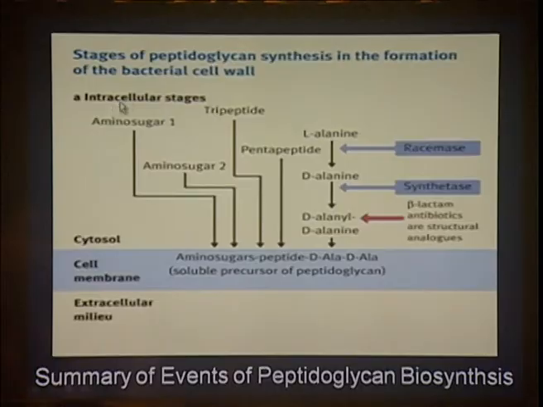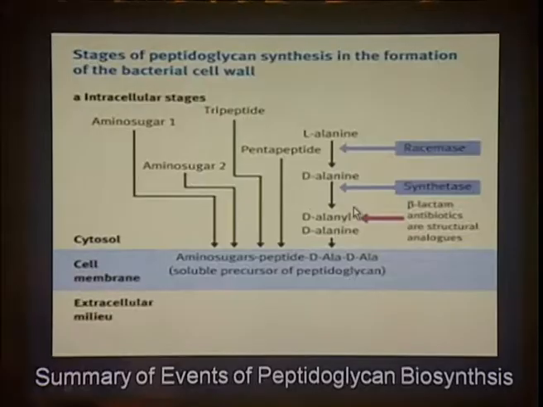There will be the intracellular changes. You can see here the formation of the amino sugar 1 and 2, then attachment of the amino acid residue producing the pentapeptide, and the most important step is the D-alanyl-D-alanine formation by the enzyme synthetase, or the transfer of L-alanine to D-alanine, and then finally alanine binding with another alanine, which is also targeted by some antibiotics.